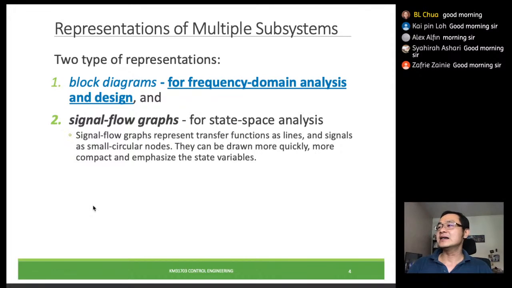Again, our focus is the block diagram. The signal flow graph we will just go through, and whenever the time comes that we really need it, we will approach it accordingly.